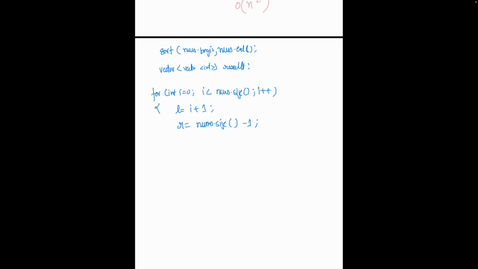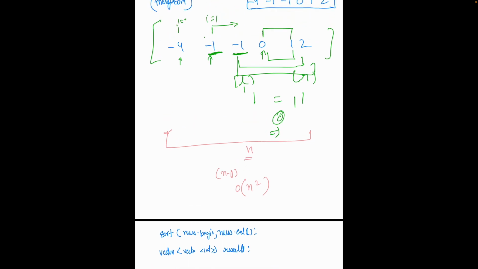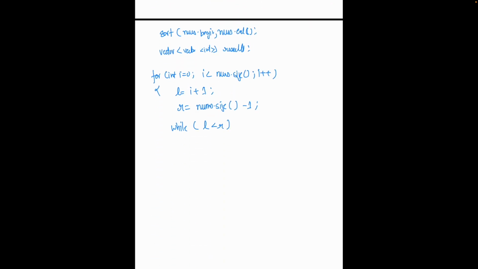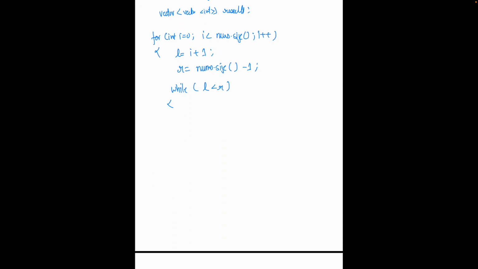Yeah, we have L and R. Now what we're going to do is while L is less than R. We don't want to do equals because suppose if we start moving pointers and N and R both point here, that means we are pointing at the same number. We don't want to calculate it. So while L is less than R, first thing we're going to do is say nums of L plus nums of R.